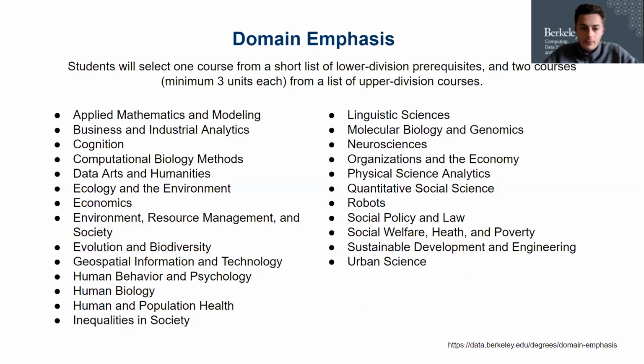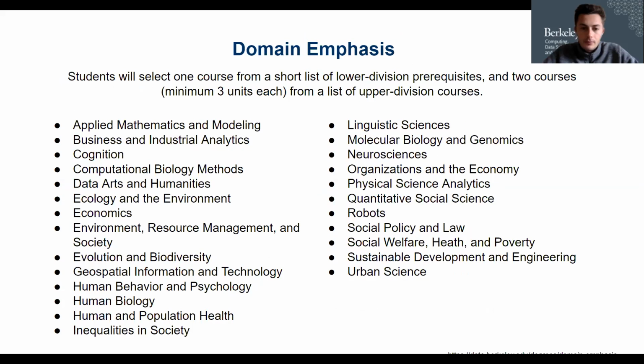And then a part of being a data science major is having a domain emphasis. All of these are listed out on the website and go into great depth as to what classes pertain to each domain emphasis. Personally, I'm cognition, and so I'd have to take a lower division requirement, which would be 1 class, and there's usually 2 upper division requirements, and that's how it is for most of these domain emphases.